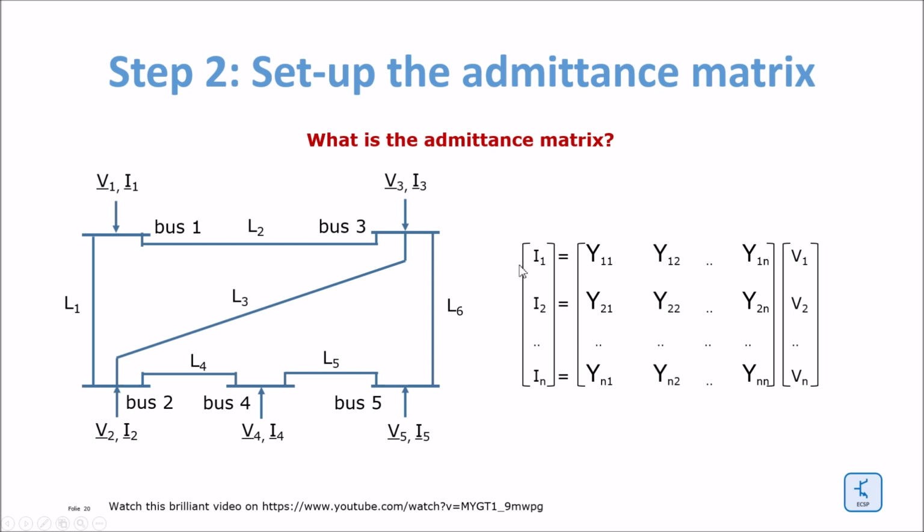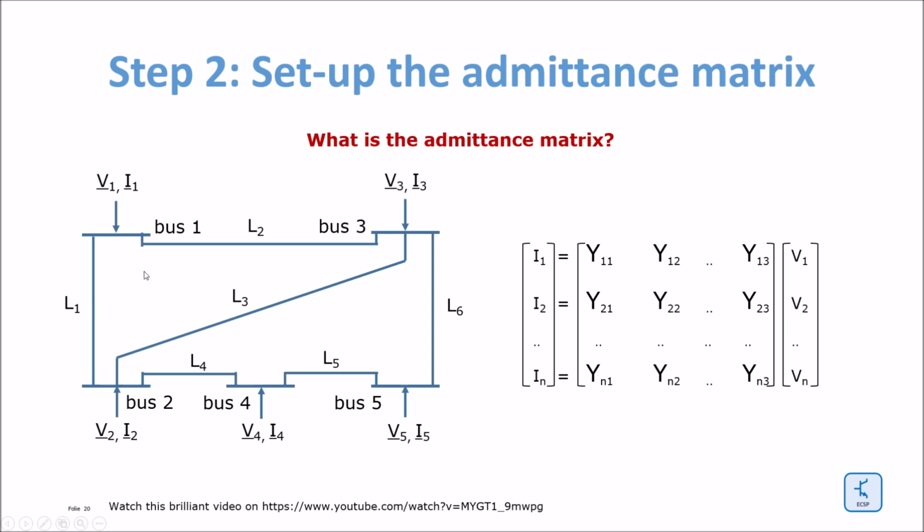So I1 is equal to Y11 times voltage at bus 1 plus Y12 times voltage at bus 2 plus and so on, plus Y1n times voltage at bus n. So this is how this matrix is set up.